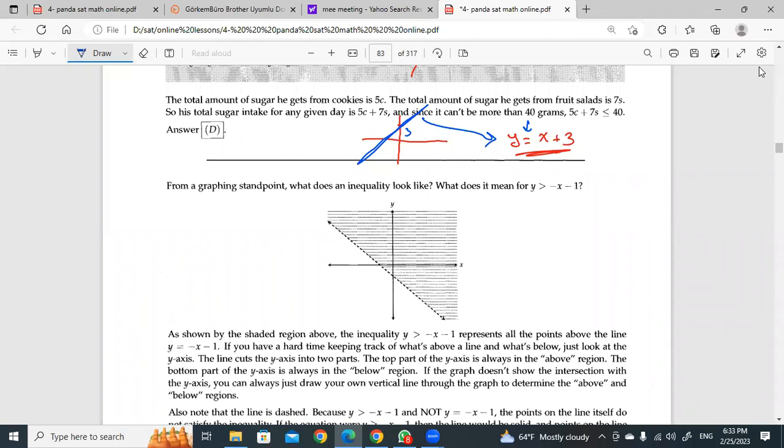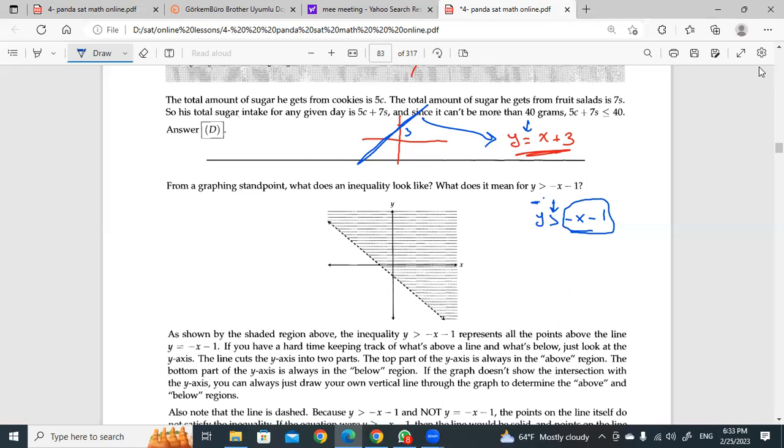First of all, if I have y greater than negative x minus 1, I will deal with this sign as if it is equal. So this is the equation of a line, right? Is the line going up or falling down? Down. It's falling down, exactly.